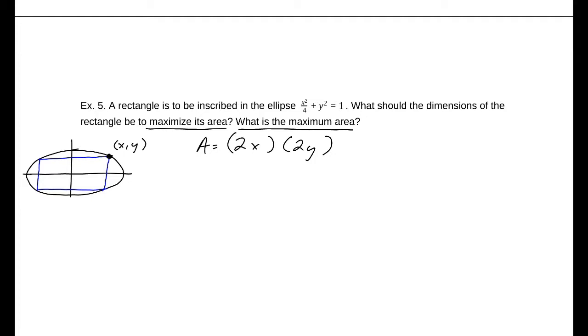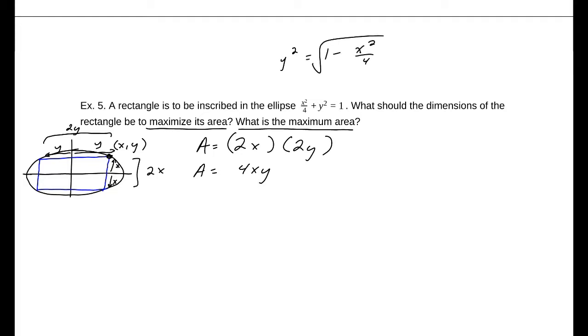That is, this distance is x, and so the length is 2x. And similar process for this. So the total width is 2y. Alright, so our area is 4xy. Now if we rearrange this equation here, y squared equals 1 minus x squared over 4. We take the square root of both sides.